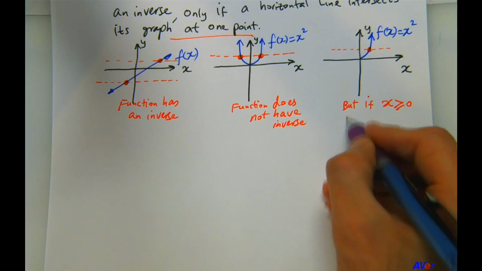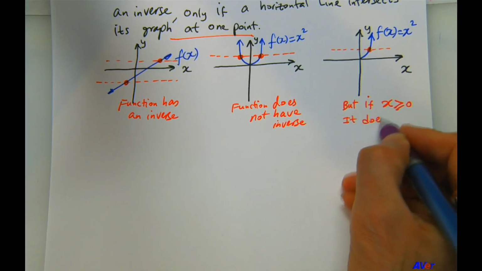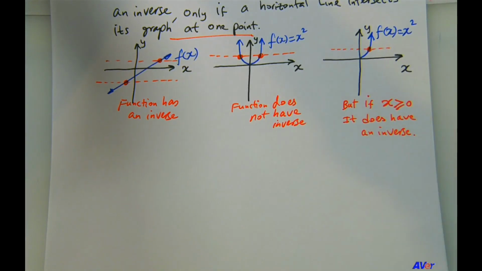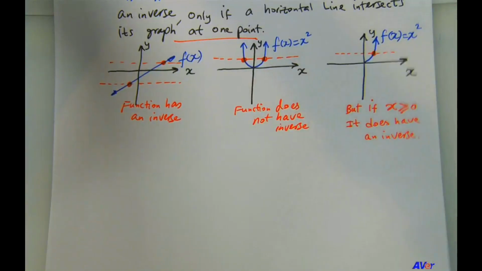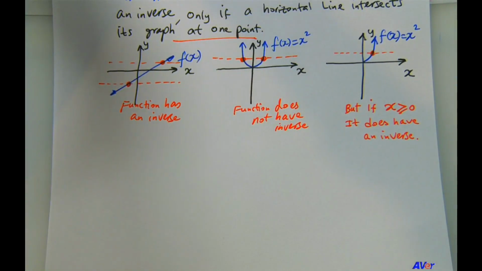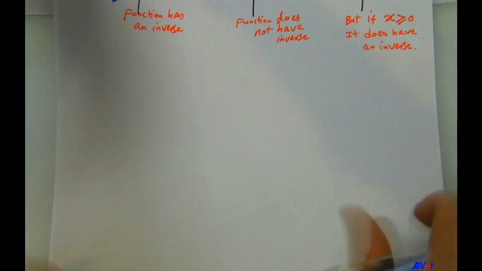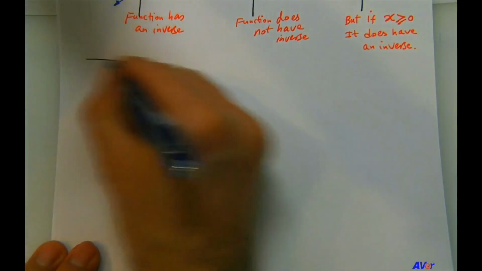So it does have an inverse. Now, just remember this discussion from Math 126, because it's going to be infinitely important in this discussion of the inverse of trigonometric functions.